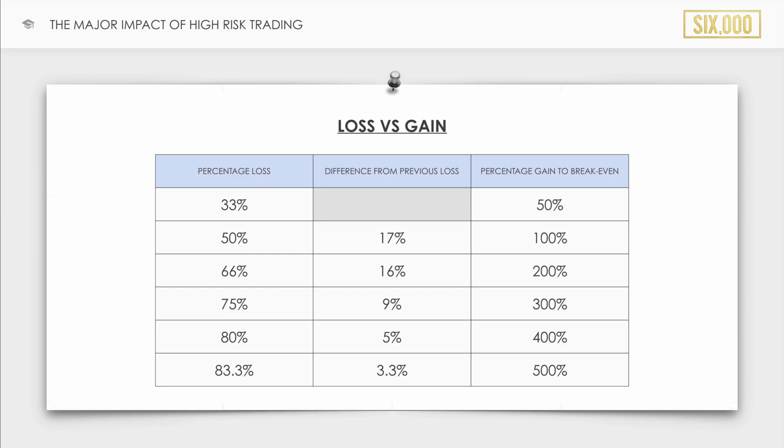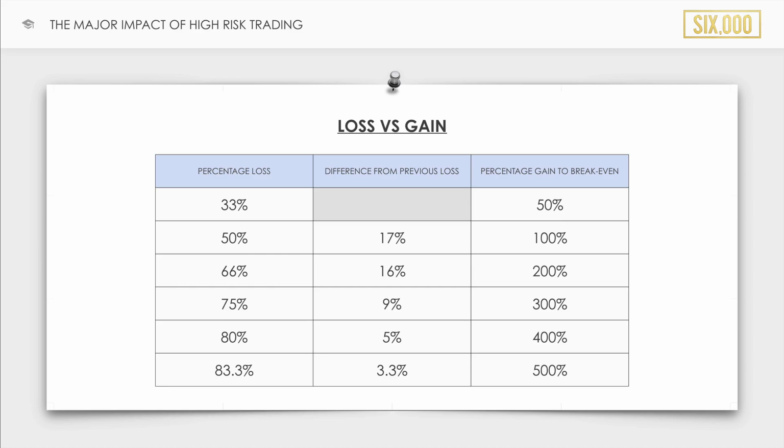So when you lose 33%, you need to grow your account by 50% just to get back to your original figure. Then we move down to 50%. The difference between 33% and 50% is 17%. If you lose a further 17%, you need to regain 100% to break even. So you now need to double your account just to get back to break even.